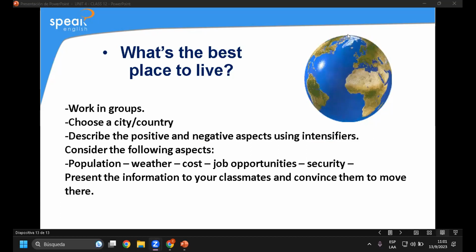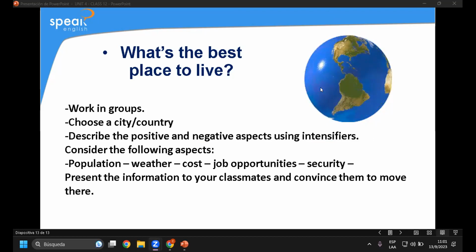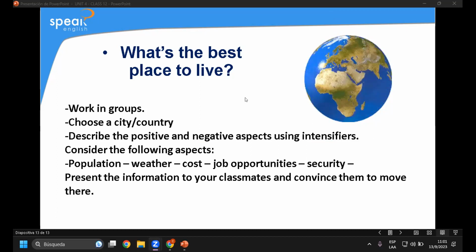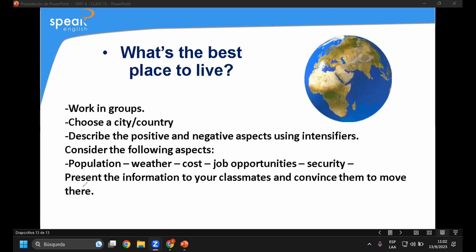Now, here is the surprise. At the end of the presentations, we are going to vote for the best presentation. For example, if group number 1 is talking about Canada and group number 2 is talking about Argentina, at the end we are going to vote for the best presentation. And this is the gift.